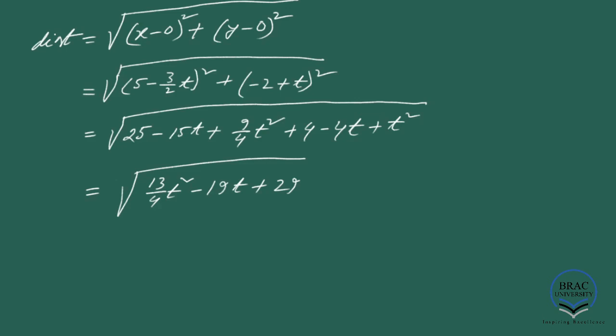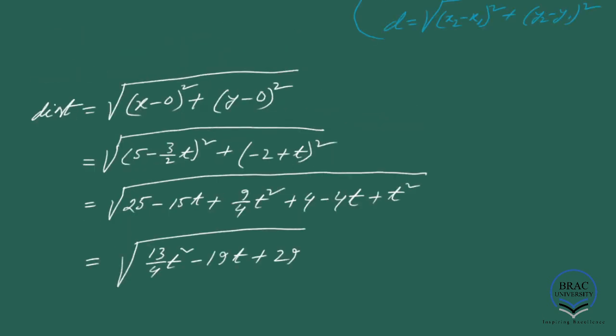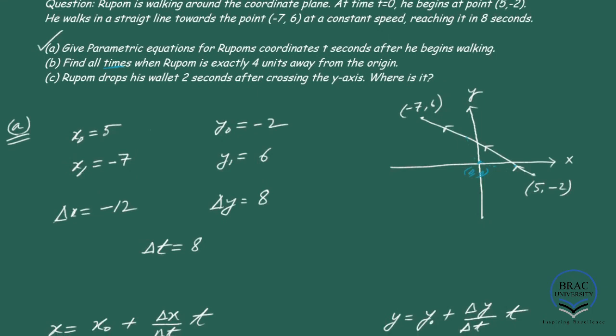Now, as the question said, we would like to find this distance to be 4 units. So I'd like to find at what times Rupam is exactly 4 units away from the origin. Rupam is walking along this path, and he might be 4 units away from this direction, and then from this place he might also be 4 units away, somewhere in here.